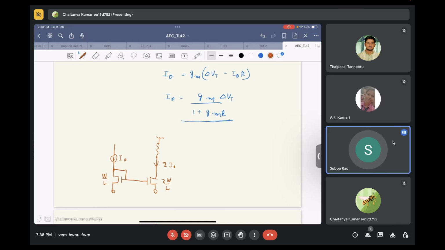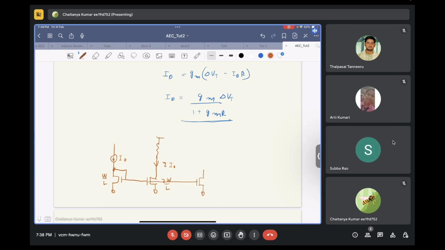Sir, if we have another transistor with a larger W by L ratio, which one should the current follow, which do we have to consider? The diode connected one. Let's say there is I naught over here with W by L, and here there is X W by L. You only have to follow the transistor that is diode connected.